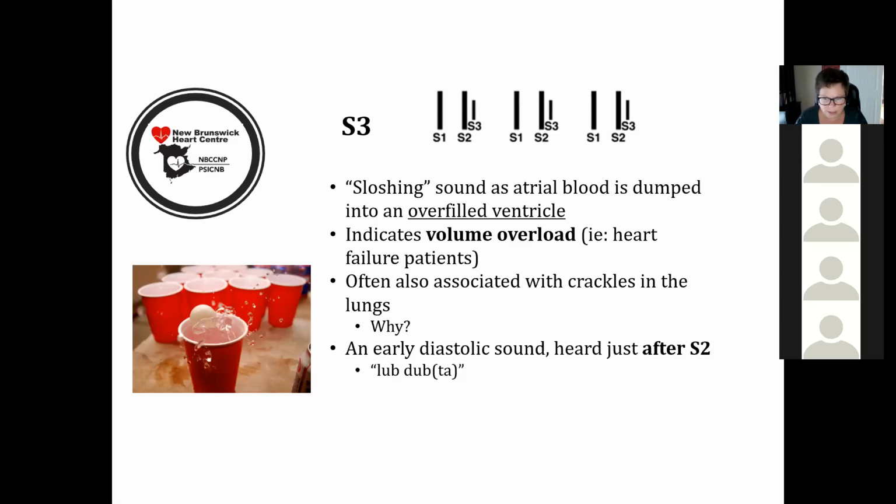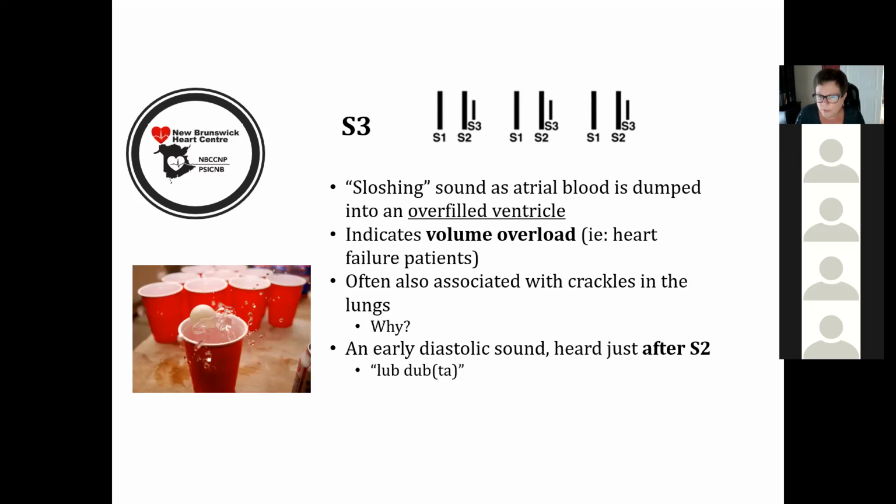So you'll hear lub dub ta, lub dub ta, lub dub ta. It is a lower pitched sound, so you best hear it with the bell in the mitral area. But it happens immediately after S2. So it's an early diastolic sound.